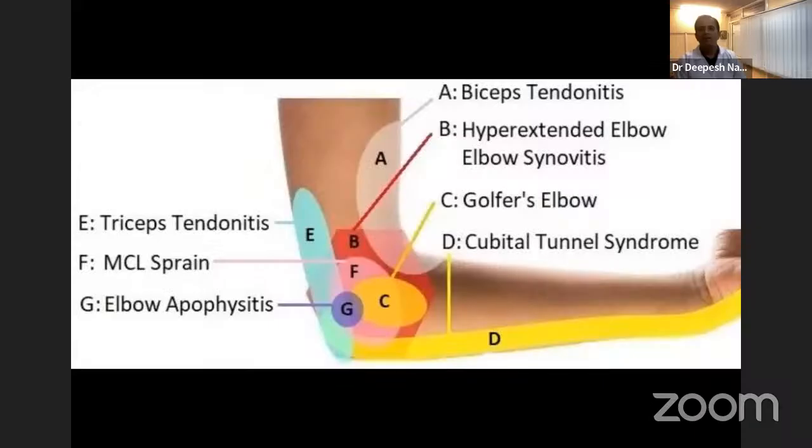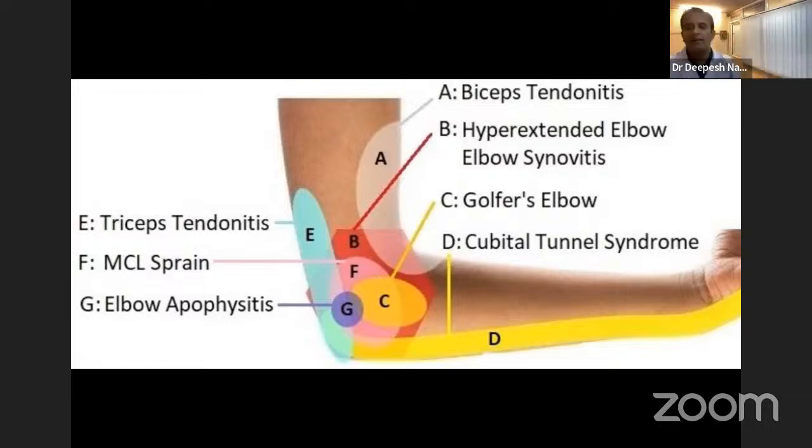A is bicipital tendinitis, B is hyperextended elbow synovitis. Elbow synovitis is a condition in which the synovial fluid of the elbow joint gets dense and inflamed, due to which the movement of the elbow joint gets painful. Third is golfer's elbow.